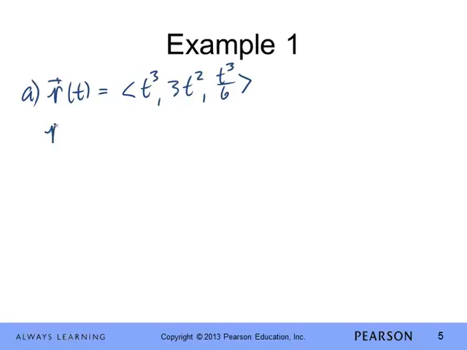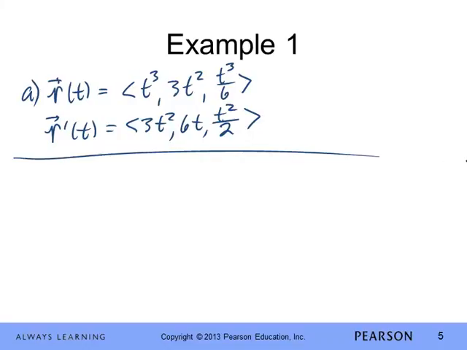No problem. We just go through and calculate the derivative of each individual component. Derivative of t cubed, 3t squared. Derivative of 3t squared, 6t. Derivative of t cubed over 6, that should be t squared over 2, right? Okay, that's all there is to it. Just take the derivatives of the individual components.